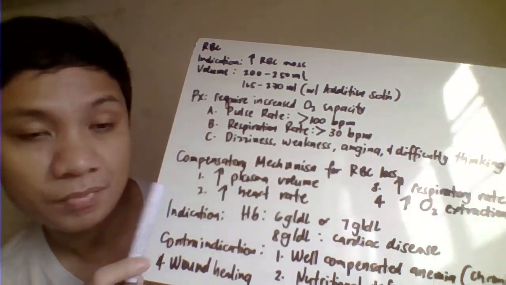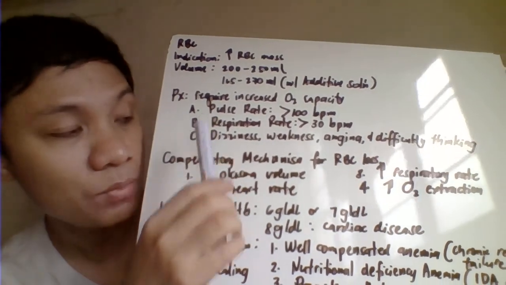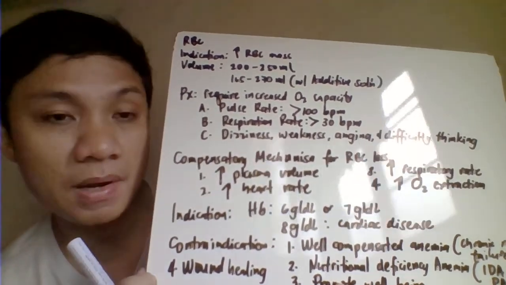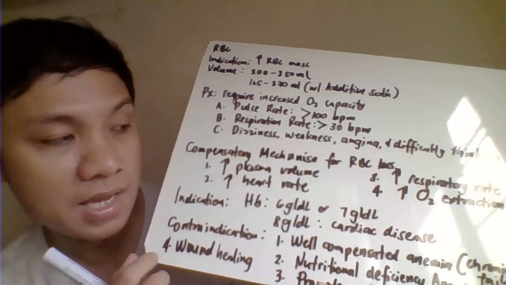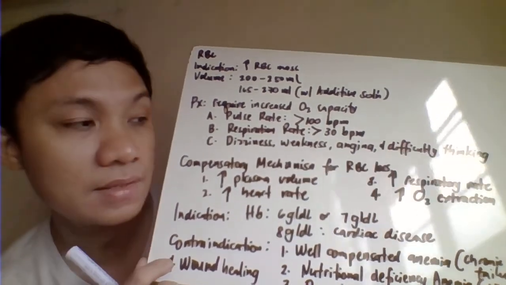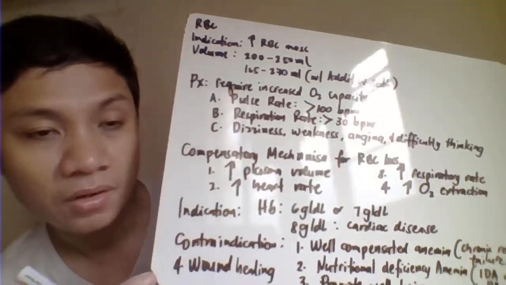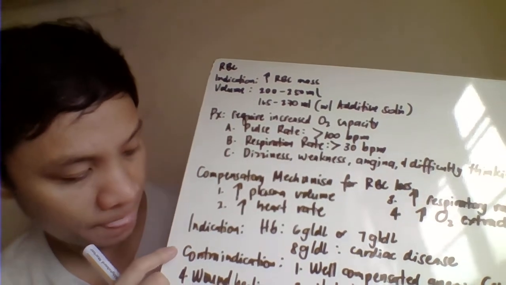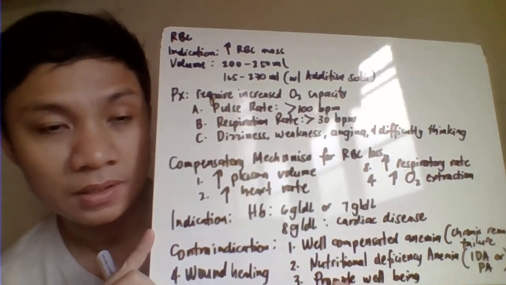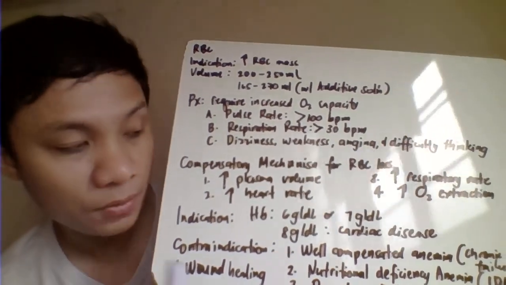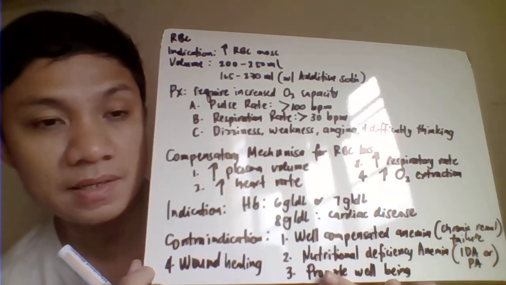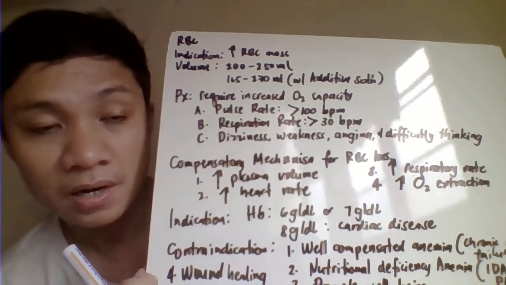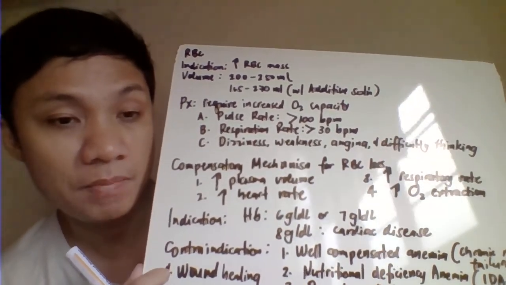For correcting this, you can increase the plasma volume, the heart rate, respiration rate, and oxygen saturation or oxygen extraction. When are you going to give PRBC? For some patients, 6 grams per dL already requires the patient to be given a unit of PRBC.